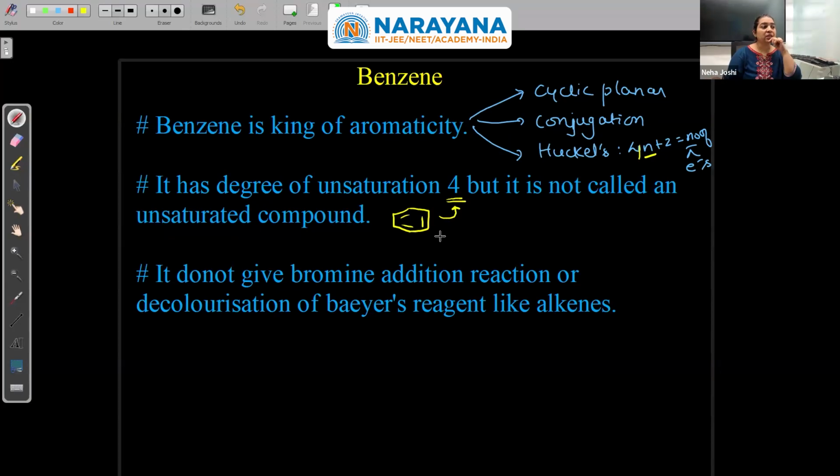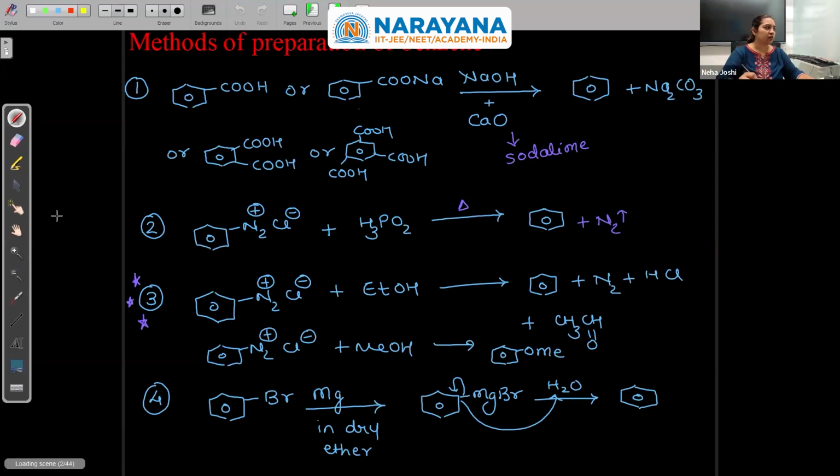But yesterday only we discussed, still it will not be called an unsaturated compound, because an unsaturated compound is a chemical condition which will give positive test for bromine water and will give positive test with Bayer's reagent decolorization. If these two tests are not there, then it is not an unsaturated compound. It does not give bromine addition reaction or decolorization of Bayer's reagent like alkenes, right?